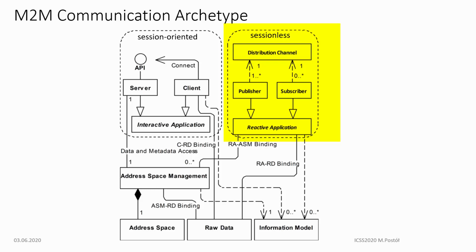In this scenario, the publishers and subscribers are loosely coupled by a distribution channel. The distribution channel is responsible for filtering, buffering, and routing the messages to pre-selected delivery points. Let me stress, the publishers and subscribers are decoupled in time, space, and synchronization.